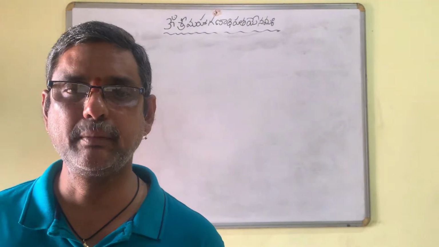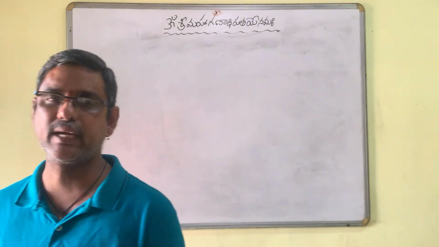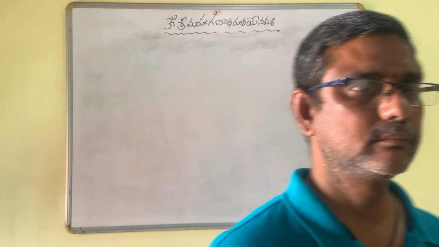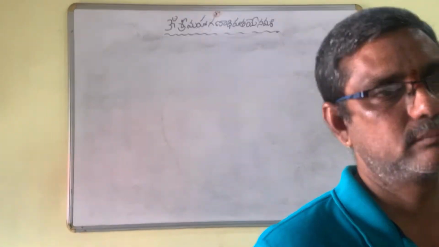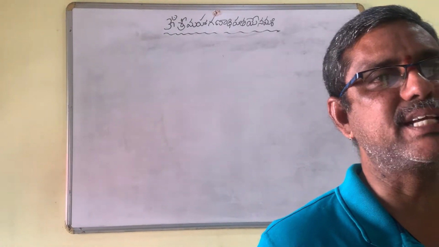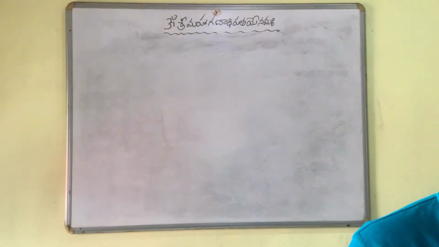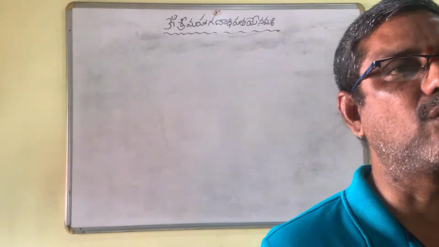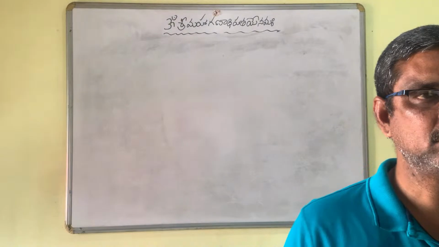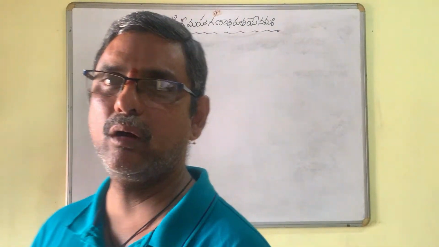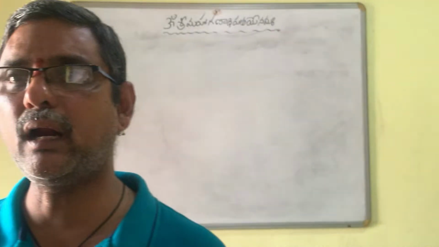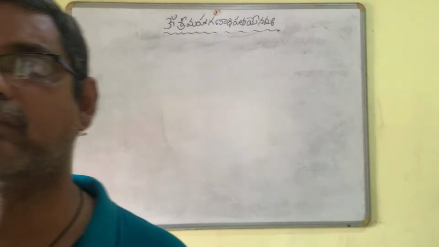How many numbers will be there between 0 and 100? Can anyone say? 99. Everyone wrote either 100 or 101.